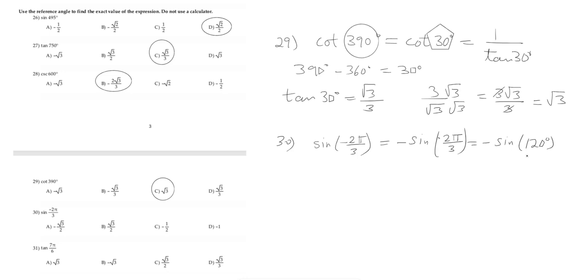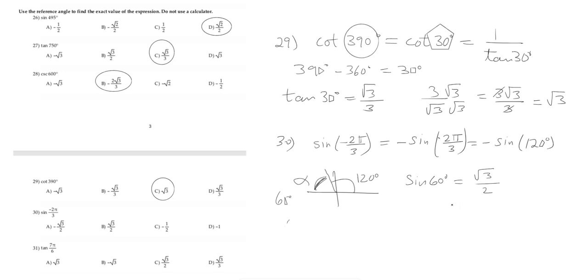120 lies in the second quadrant. I know very well that the sine of any angle in the second quadrant is positive. Just suppose I don't remember 120, but it's easier because 120 lies in the second quadrant, approximately in that position. And the reference angle alpha is this, which is 60. So the value of sine 60 degrees is root 3 over 2.